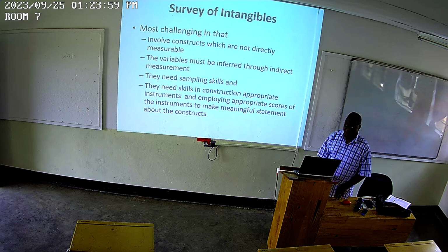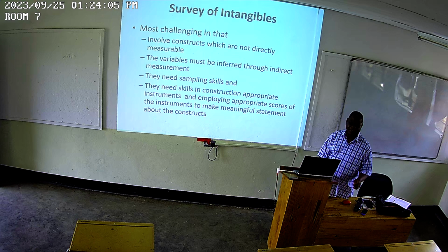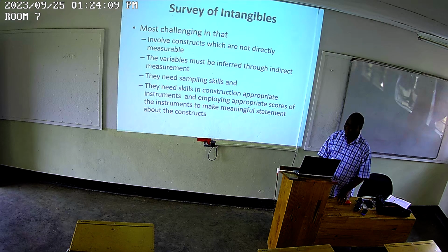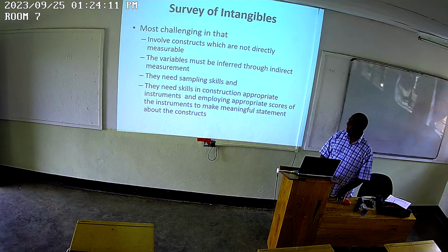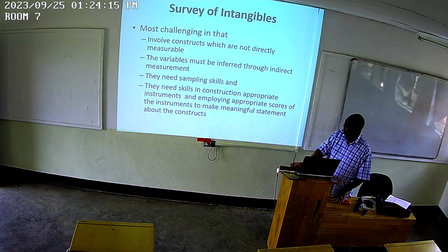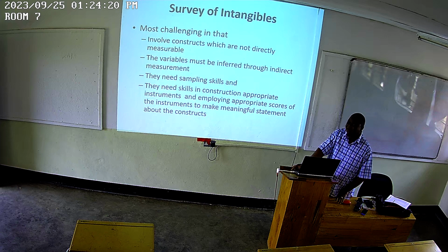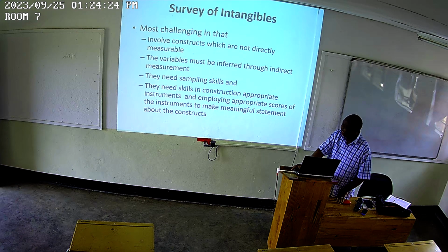They cannot be measured directly. And in most cases, for such, you have to use the indirect ways of measuring such variables. And if you have a situation where you are dealing with that, you really have to be careful. The way you define the variables and the way you measure those variables.